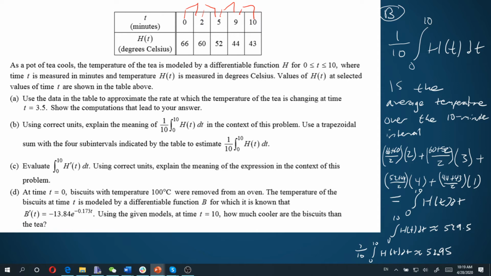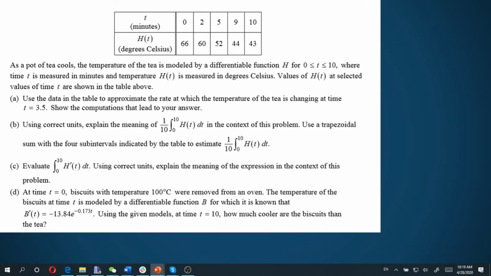What are our units? Degrees Celsius, since we're looking at an average temperature.